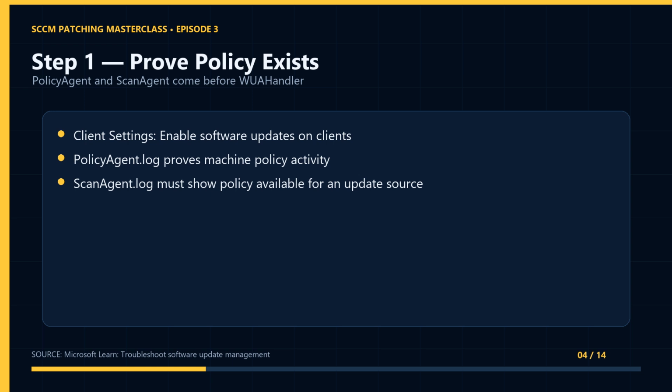If ScanAgent says there is no policy and WUAHandler has no fresh activity, do not troubleshoot Windows Update Agent yet. Fix the assigned client setting, targeting, policy communication, or upstream synchronization that produces the site-wide update policy.